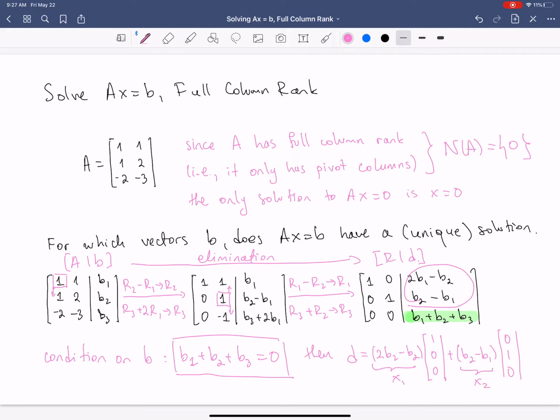So the solution to the system is x containing 2B1 minus B2, and then B2 minus B1. This is unique because B1 and B2 are whatever they are. And we have that solution for a system when A has full column rank.